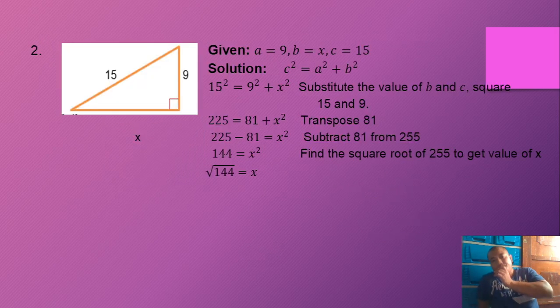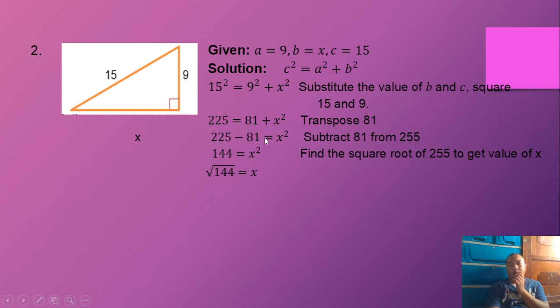Number 2, this time given the hypotenuse 15, one of the legs A is 9. Let's try to solve for the side B, which is equal to x. So solution, c squared equals a squared plus b squared, the Pythagorean Theorem. C is 15, A is 9, B is x. So 225 equals 81 plus x squared, transpose 81.